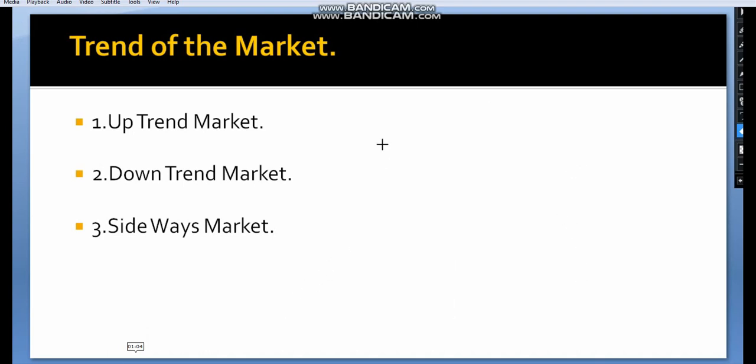Normally this is called downtrend market. The third one is sideways market. The market movement will be in the sideways. This is called sideways market.